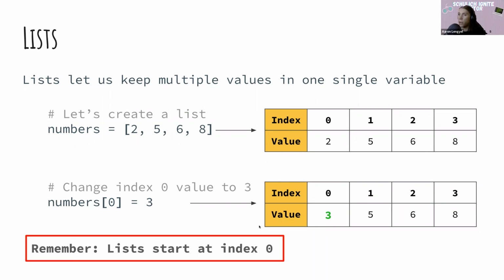A good rule of thumb is that the last index is the length of the list minus 1. Here there are 4 values in our list, so the final index is going to be 4 minus 1.